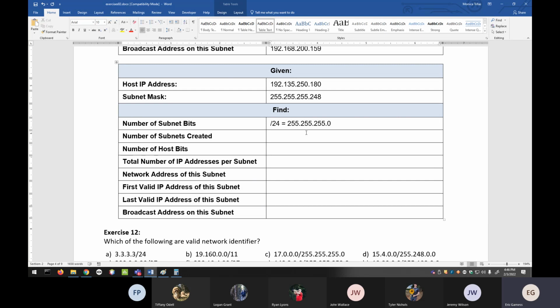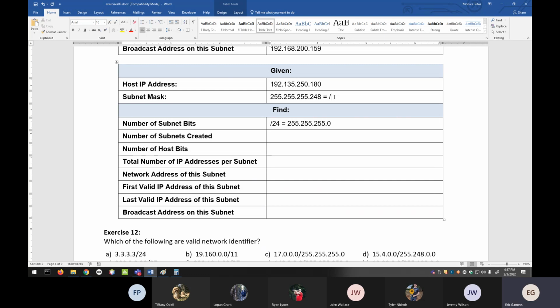This is the default mask. Now we have created subnets. So we are not using the default mask. What is the mask that we are using? What is that in dotted decimal notation for us? In 248, how many 1s do we have? We have 5 1s, isn't it?